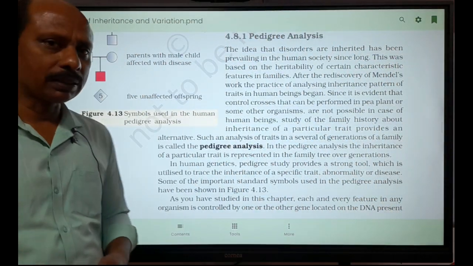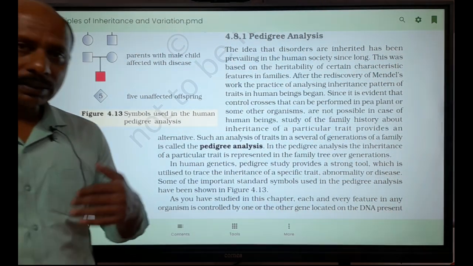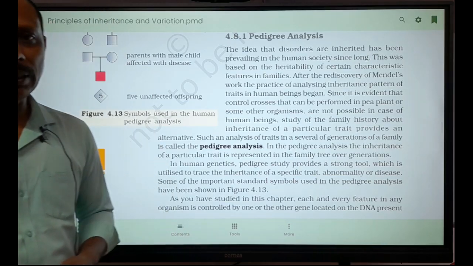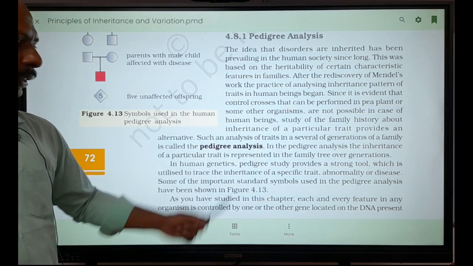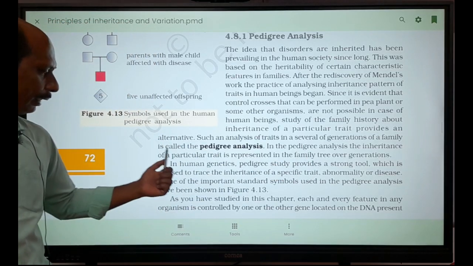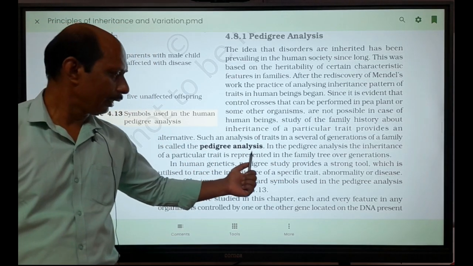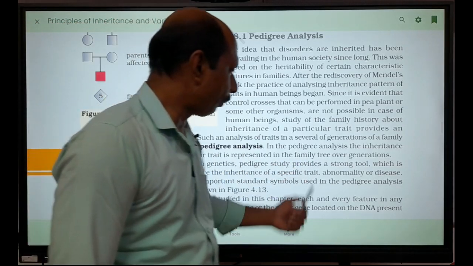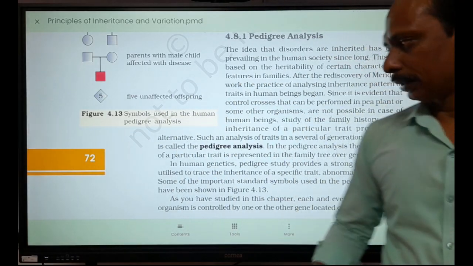So we can say the study of a trait in several generations of a family is called pedigree analysis. You understand? In pedigree analysis, the inheritance of a particular trait is represented in the family tree over generations.